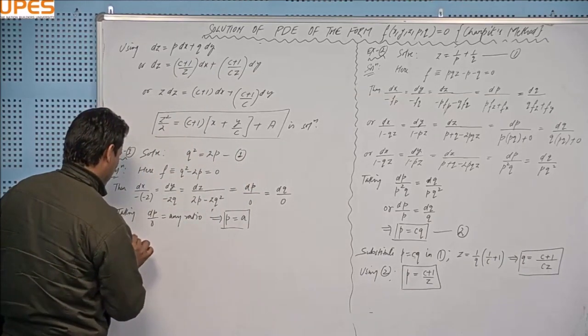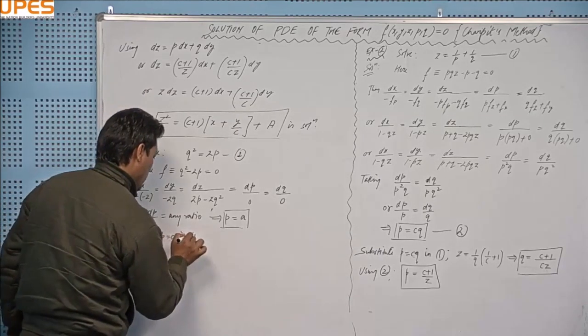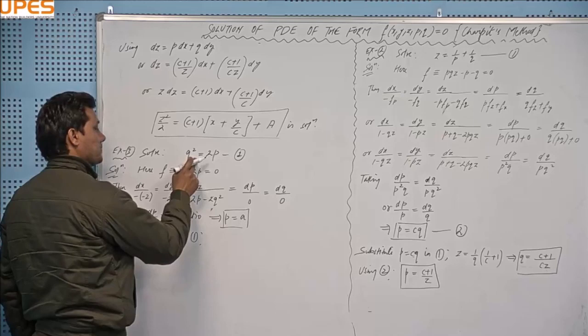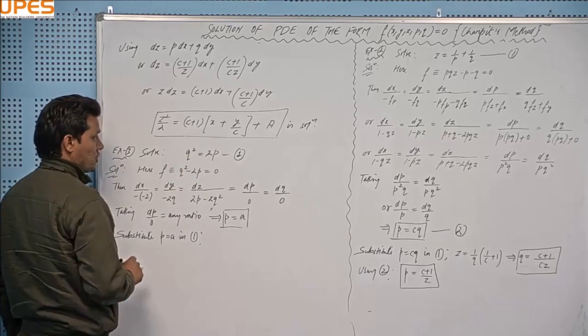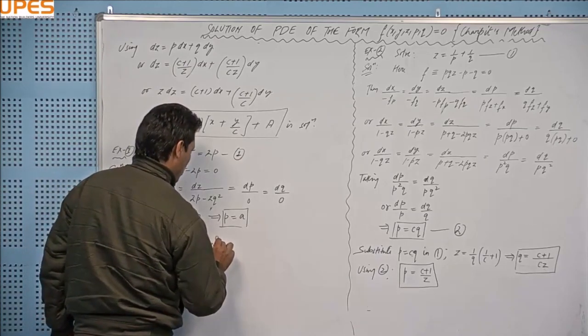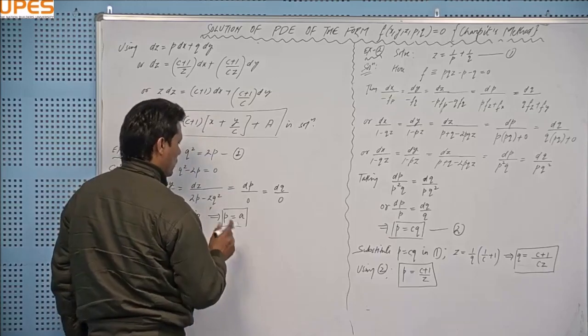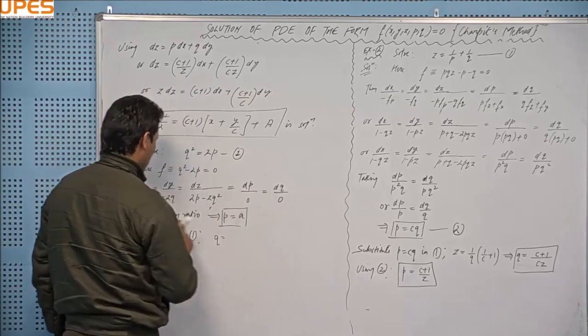Substitute p is equal to a in equation number 1. Then you will be getting what? q square equal to 2a, right? Then it will be q is equal to square root, or should I take dq is equal to 0?